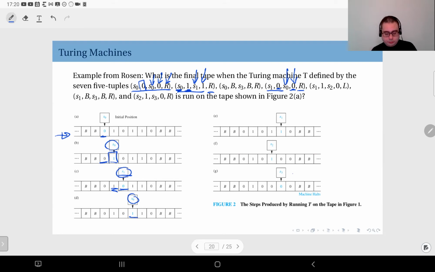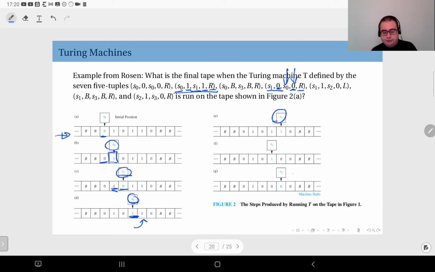And the configuration is state S0 and symbol 1. So I'm again using this one, S0 current state, 1 current symbol. Therefore, next state will be S1, and write a 1 means do not change, and move right. So next slot, I'm going to be looking here, and I will be in state S1.